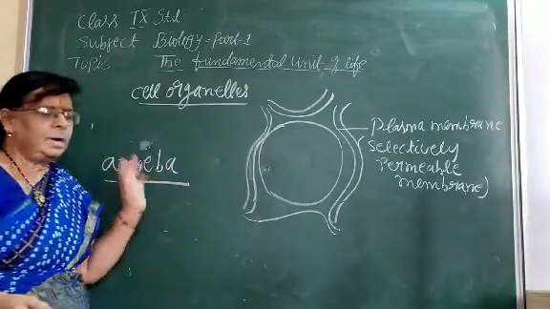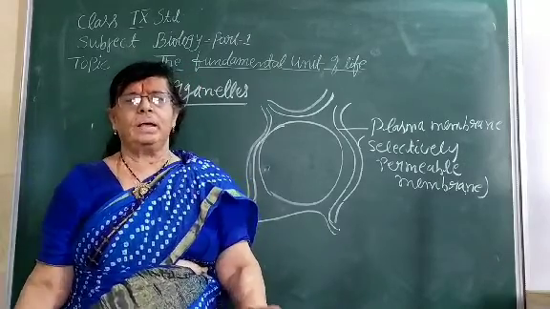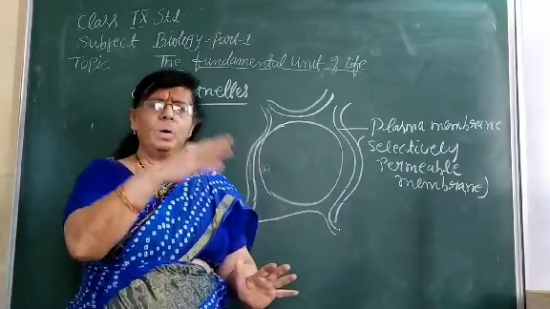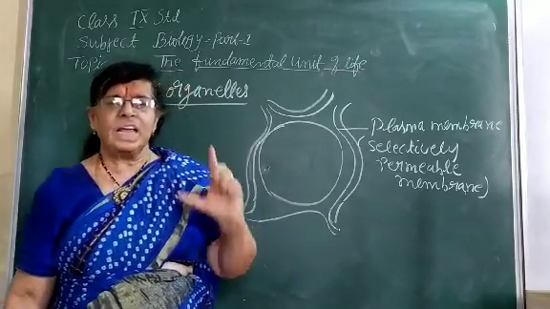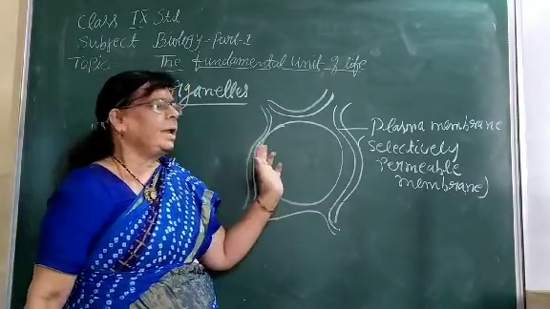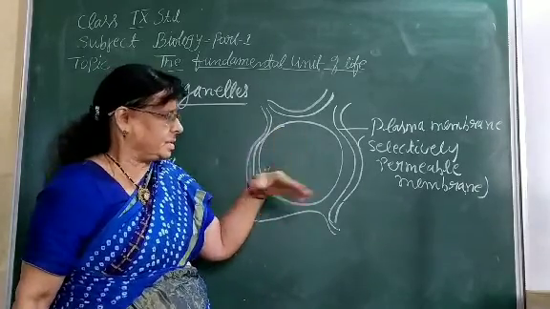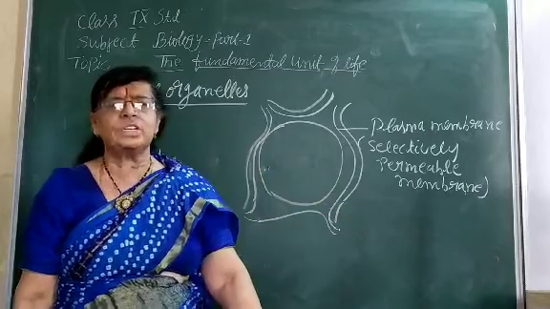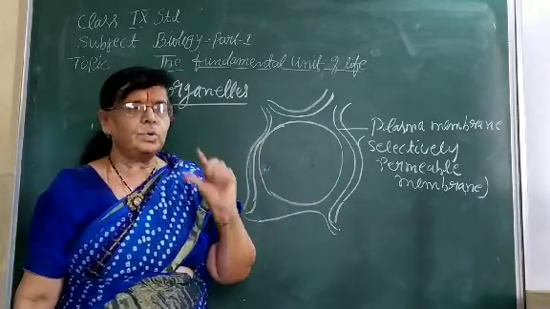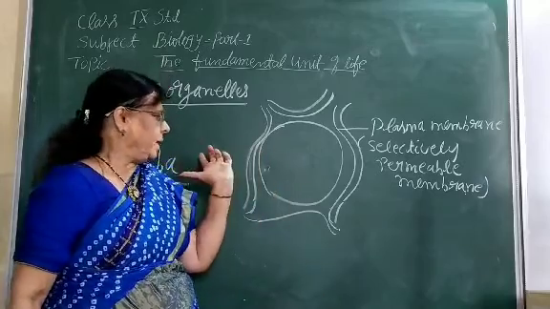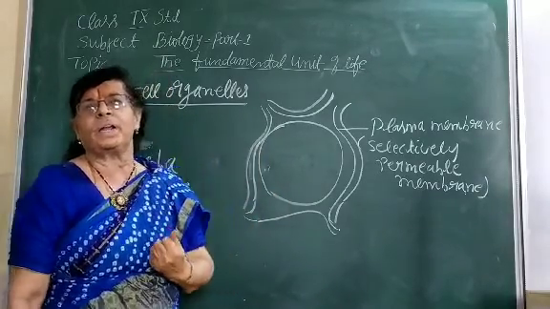Now you have learned amoeba is a unicellular organism. That single cell has to perform all its life activities. So in the case of amoeba, the cell membrane itself, in some regions, has got projections, and these projections are called pseudopodia. Through the pseudopodia, the amoeba is able to engulf the food particle.